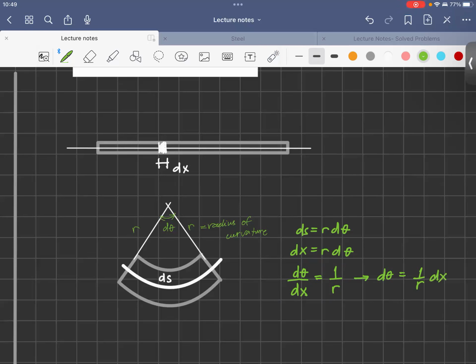To get the slope, or the theta, we integrate. So theta is equal to the integral of 1 over r dx.